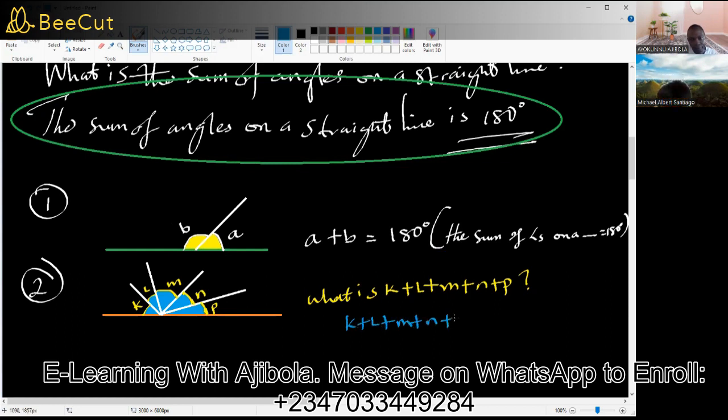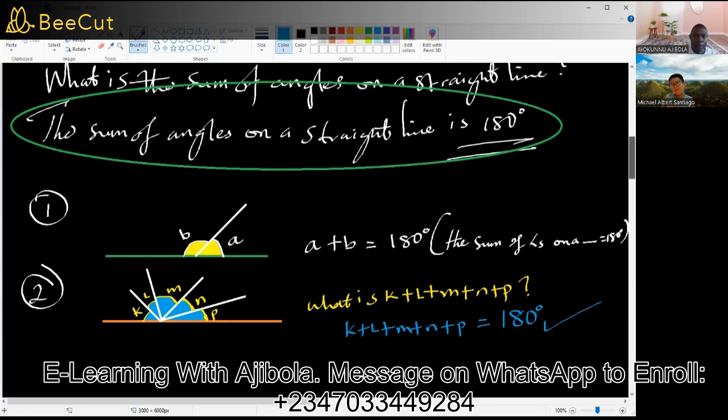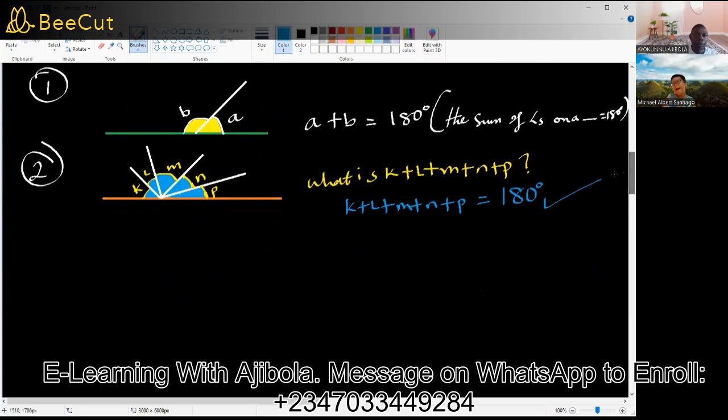K plus L? It is still 180 degrees. So that means no matter how many the angles are, once they are all on a straight line, you add them together to give you 180 degrees, okay?